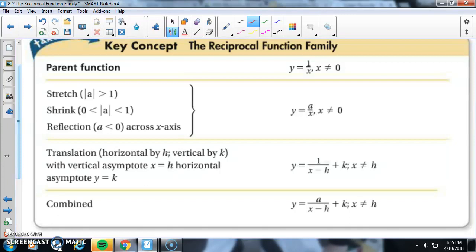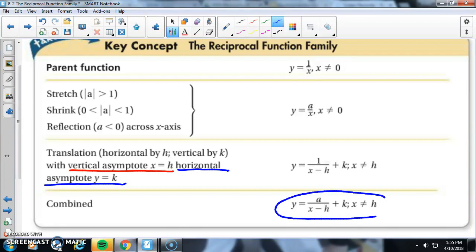Vertical asymptote is x is equal to h. But we have to remember that it's the opposite of H, always, because it's x minus h in our formula. And the horizontal asymptote is y is equal to k. So this is all the transformations combined.